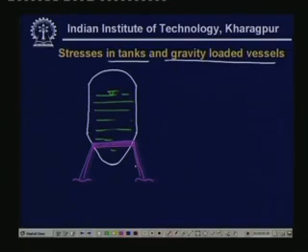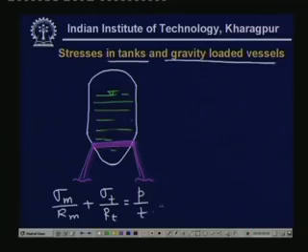Now, in order to get the stress distributions, we will have to use again the formula we have derived. If this is a very thin cylinder, a thin pressure vessel, then one can use the famous membrane stress formula, that is sigma m by Rm plus sigma T by RT is equal to P divided by T. Now, P here is variable.